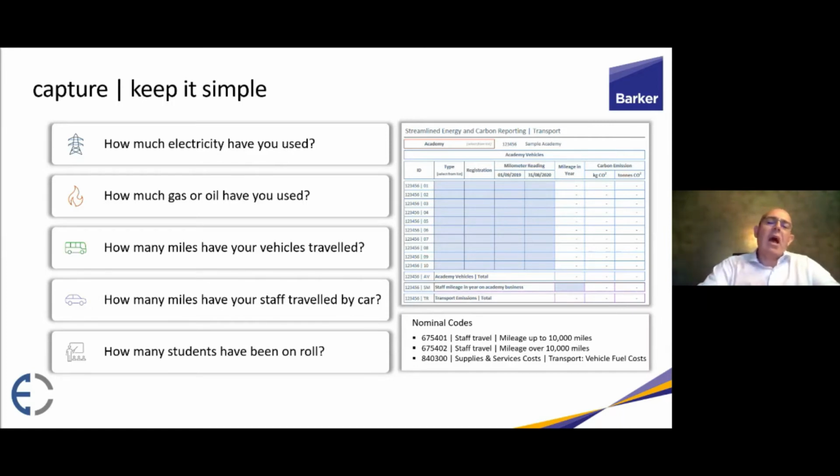It's a multi-year program of capturing data. So once you've got it set up, it may help you in the long term. And again, there's bespoke formulas about how much carbon that creates, and again, this is built into the model that we've developed, and we'll share with you after today.